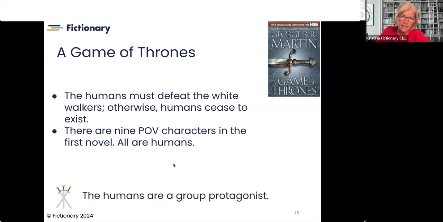And what he did in this book that's really interesting is the first scene in the book is a scene where the humans meet the White Walkers, and the White Walkers kill all but one. And that one guy, Will, gets away. And then he meets Ned Stark and the rest of the entourage. It doesn't end well for him, but it's the thing that shakes up the main goal: the humans must defeat the White Walkers.